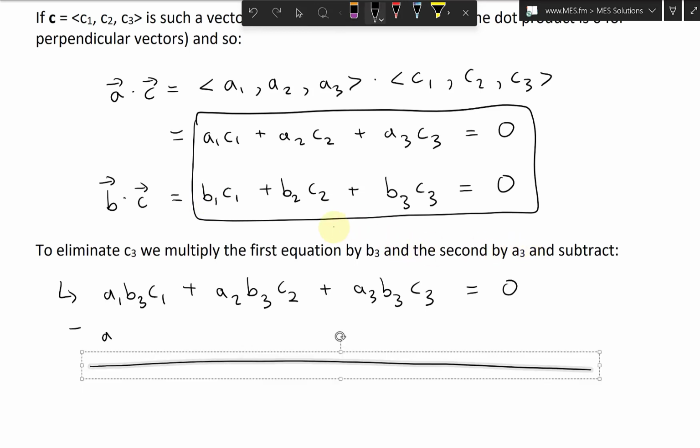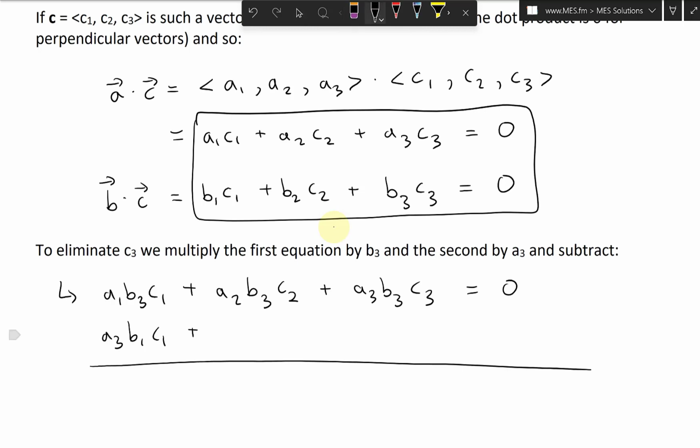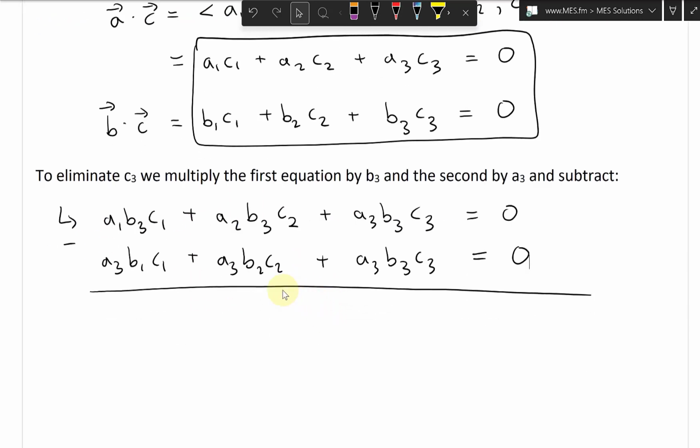So we'll have A3 B1 C1, and then plus, let's remove this minus sign, because we will subtract from everything, A3 B2 C2, and then plus A3 B3 C3 equals 0. When we subtract everything here, we cancel these two out, and yes, we'll have that canceled out.